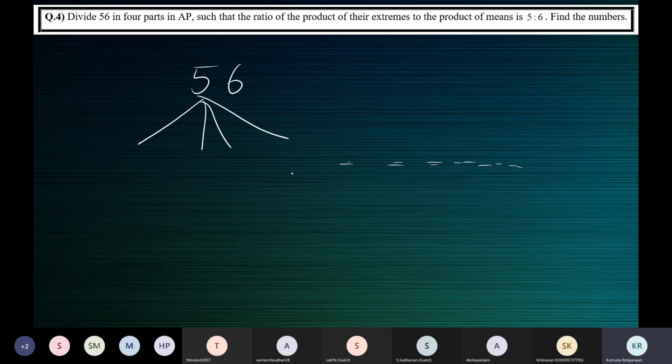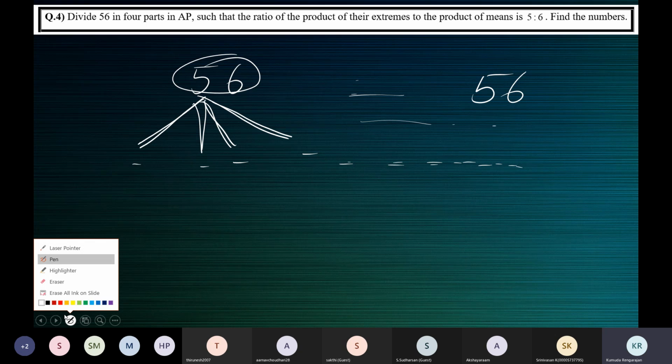So in such cases, we'll have to make convenient assumptions. The AP does not have many terms. The number is 56. You have to divide 56 into 4 parts so that these 4 parts are in AP.